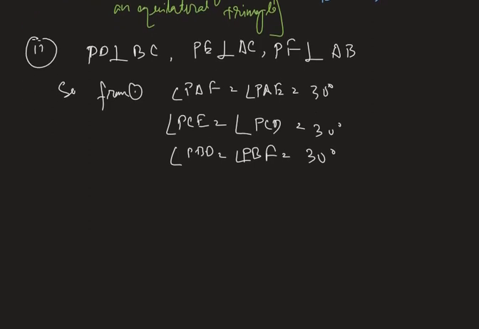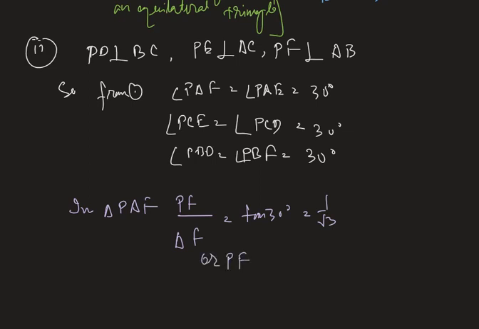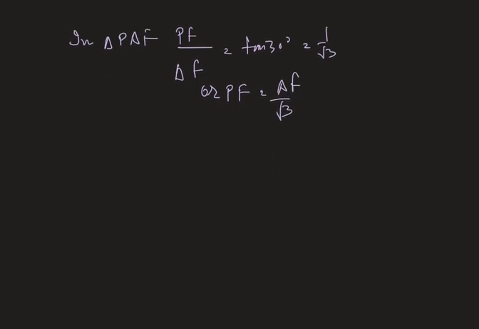Therefore we can say that in triangle PAF, PF divided by AF is equal to tan 30 degree, which is equal to 1 by root 3, or PF is equal to AF divided by root 3. Okay.